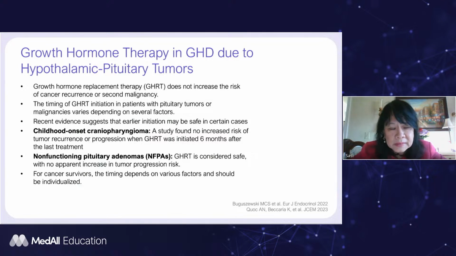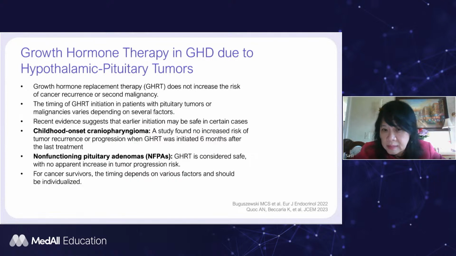And the timing to start growth hormone in patients with tumors or malignancies varies depending on several factors, like the type of cancer or the treatment course. But recent evidence suggests that earlier initiation may be safe in selected cases, like childhood-onset craniopharyngioma.